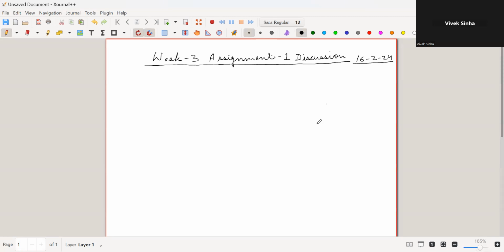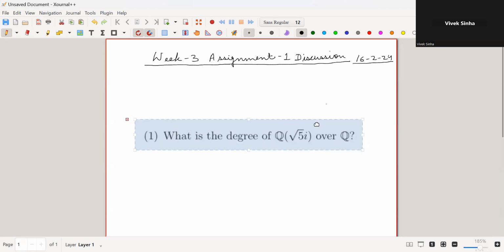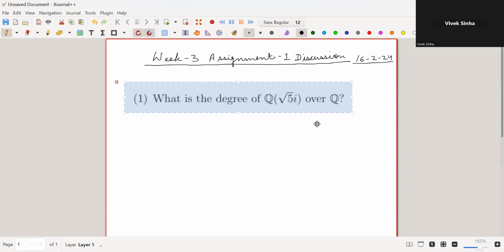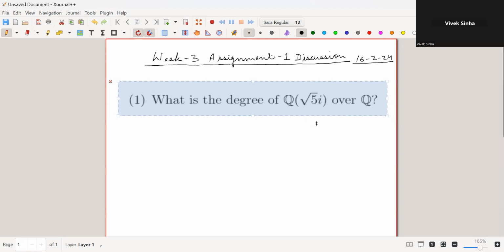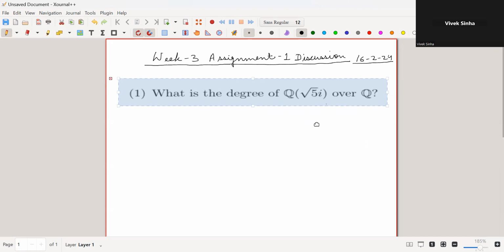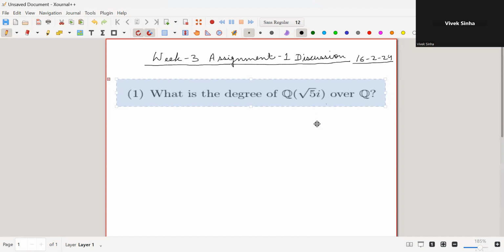Okay. So here comes the first question. It says, what is the degree of Q(root 5 eta) over Q? So we have already seen fields and field extensions. And so Q(root 5 eta) is a field extension of Q. And we are interested in finding the degree of this field extension.